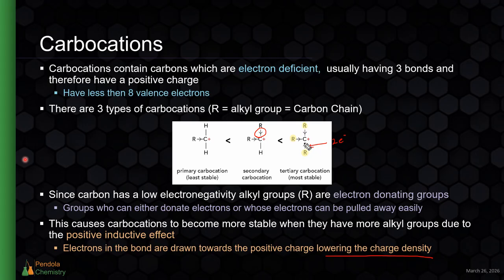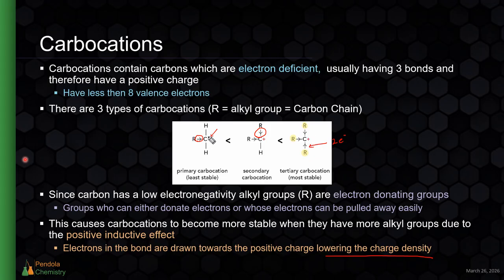And that means that because a positive charge is not as strong, it's less likely to react, making that tertiary carbocation more stable, because there's more positive inductive effect, than a primary carbocation. Because this primary carbocation only has these 2 electrons getting close to it, not the ones from the hydrogen bonds. And so that is going to not lower the charge density of this positive charge as much as it is here.